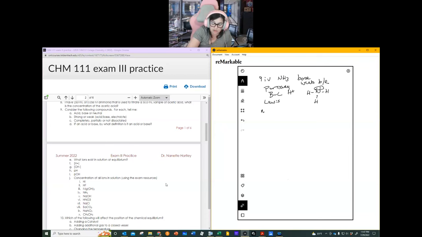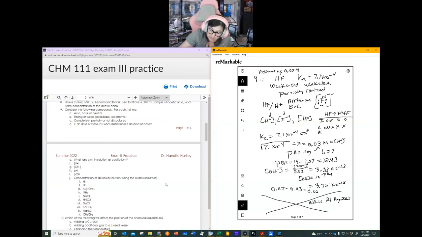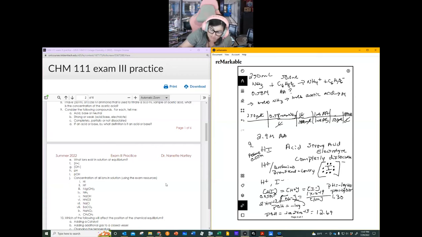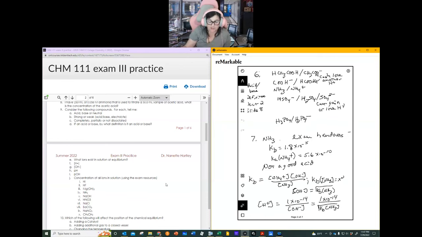What ions exist in solution? NH3, NH4 plus, and OH minus. And what are all of our values? Now, if I remember correctly, right here, we calculated all of this stuff, right? So we had expressions that we would be able to use if we had a value.